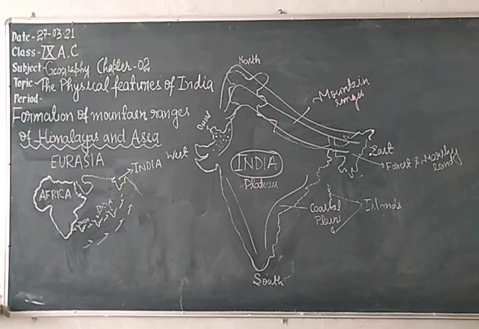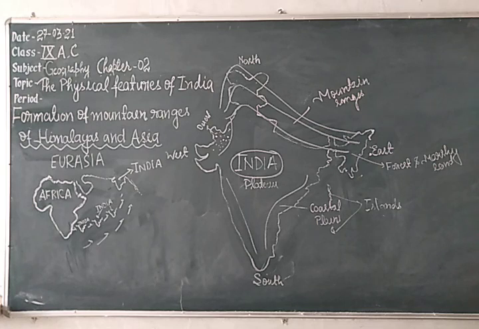And in comparison to the north part of India, peninsular India, which collided and accumulated with the much larger Eurasian plate, is an example of a stable zone of India, because it is one of the ancient landmasses on the surface of the earth. Okay, and as I told you, the Himalayas and its ranges are an example of newly formed mountain ranges. That's why it is an unstable zone.